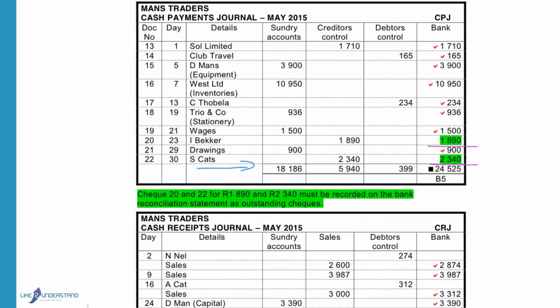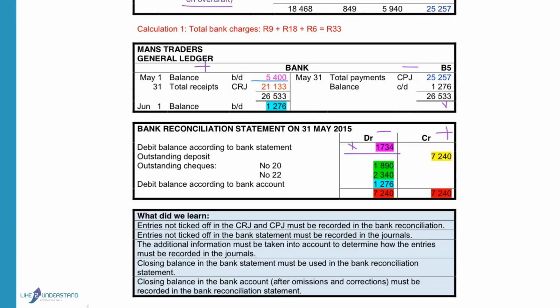When they make these entries in the future, they will put it on the debit side. Therefore, we will show both these amounts on the debit side of the bank reconciliation statement. Outstanding checks number 2021, and we show that those checks must still be paid out by the bank in the future.